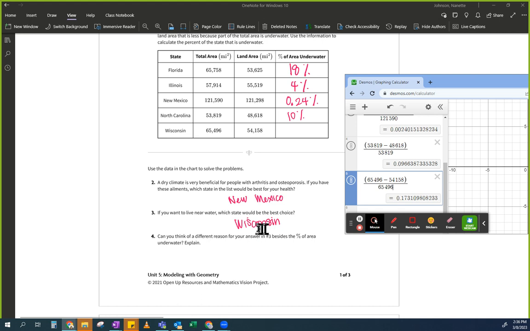Can you think of another reason why you would choose Florida besides the percentage underwater? Yeah, because Florida's literally surrounded by water, right? On 3 sides of the state there is water. So it's surrounded by water.